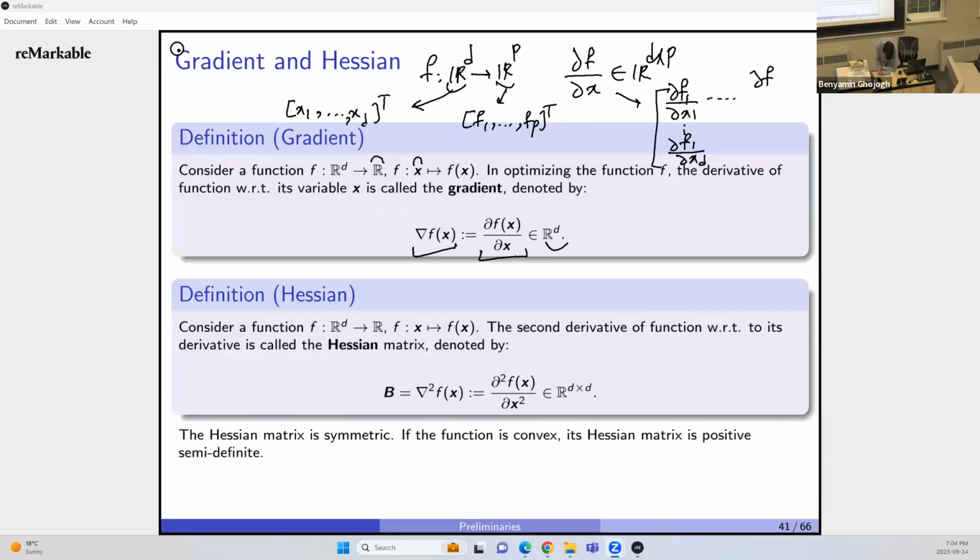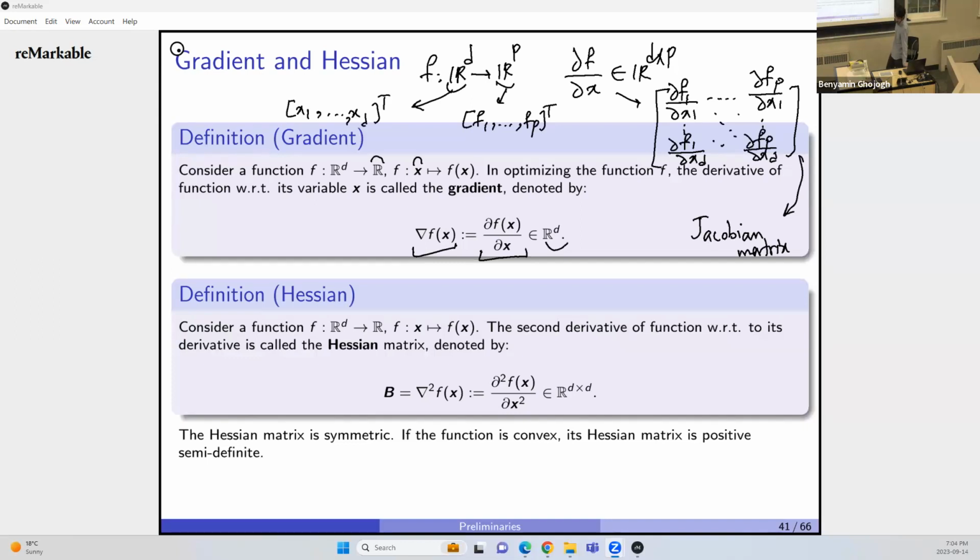Also here, derivative of fp with respect to x1 until derivative of fp with respect to xd, and all other elements. So the elements of this derivative are the derivatives of each element of f with respect to each element of x, right? And as you see, these are partial derivatives. So in this case, we usually call this the Jacobian matrix. As you see, both Jacobian and gradient are first order derivatives.